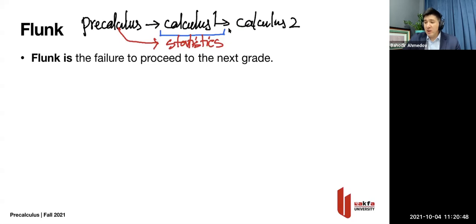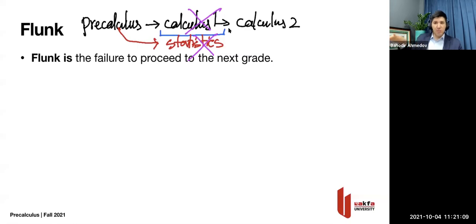If you fail, for example, pre-calculus, you cannot take calculus 1 or statistics. What you have to do is retake this course. We usually offer pre-calculus only in the fall semester. You cannot take calculus 1 next semester.